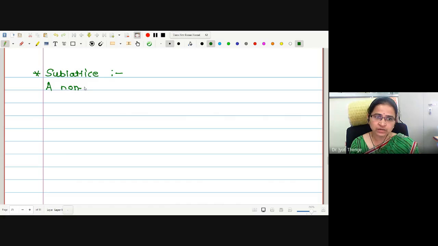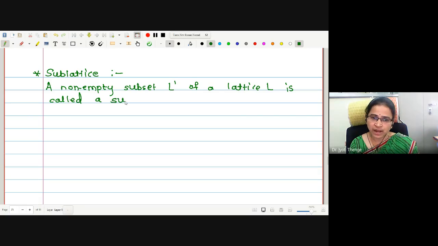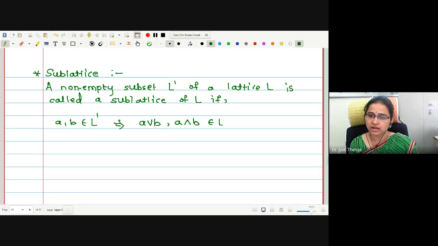A non-empty subset L dash of a lattice L is called a sublattice of L if for any a, b in L dash, it implies a join b and a meet b are in L dash.